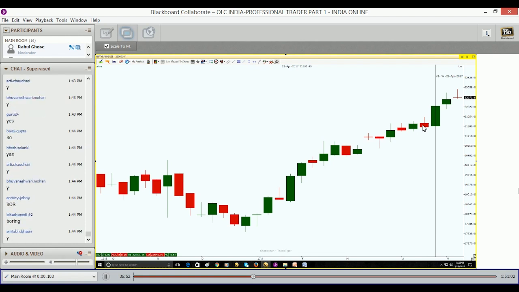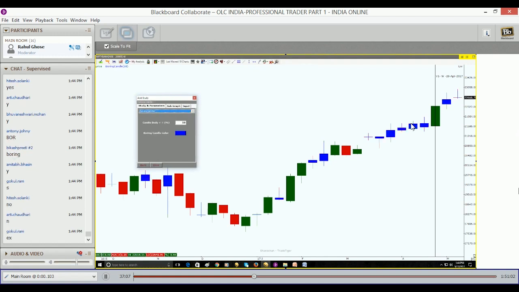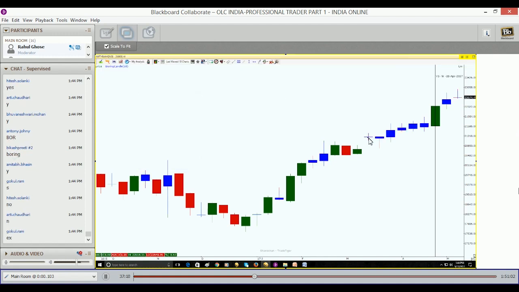Is this a boring candle? No? Okay. Shall we put on our tool just to be sure? You will notice that all these candles are boring candles, and this becomes your exciting candle or your leg-in.